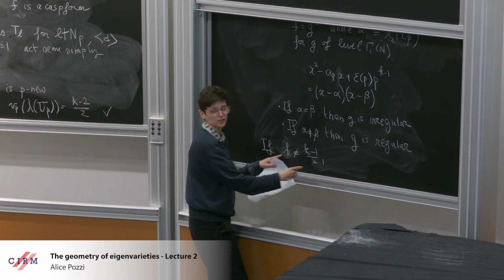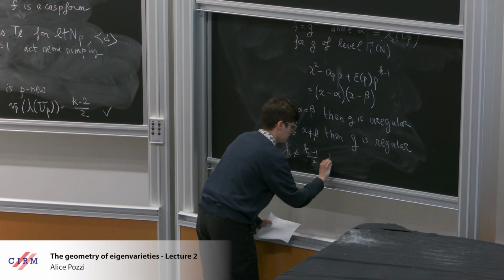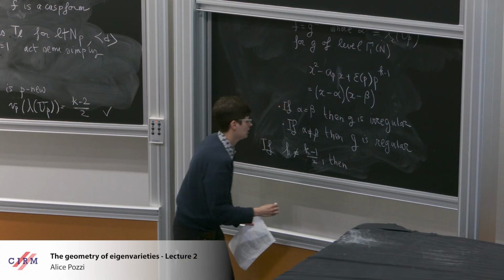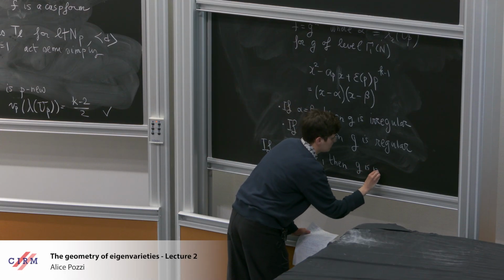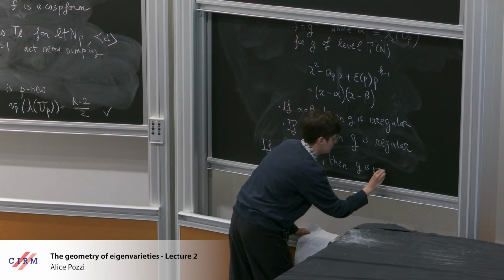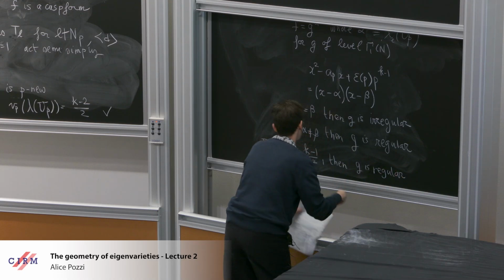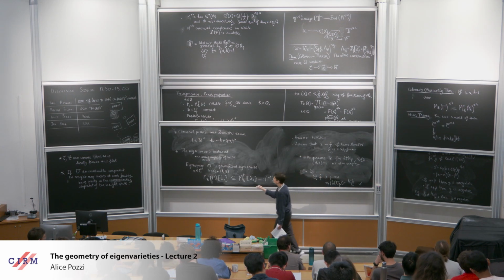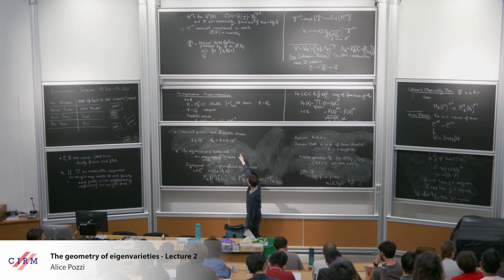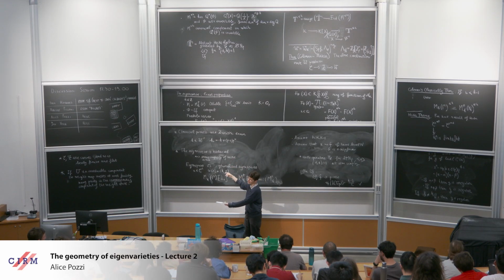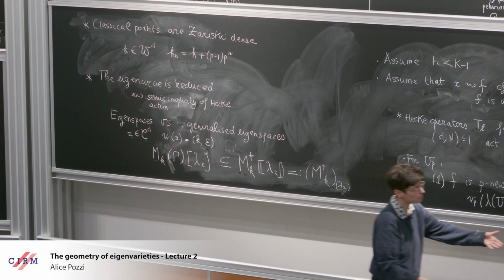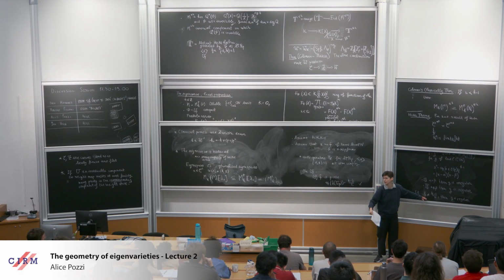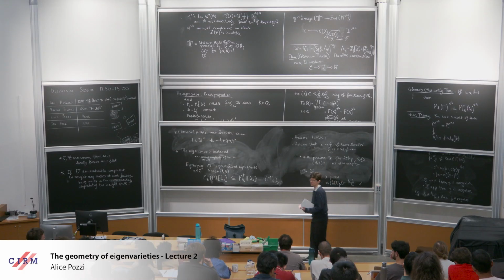So I can massage the same argument I suggested before to prove the Zariski density of classical points, to say that I can find a Zariski dense set of points such that this condition is also verified. Great, that implies that the eigencurve is reduced.